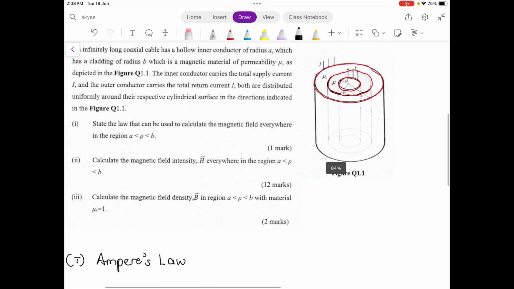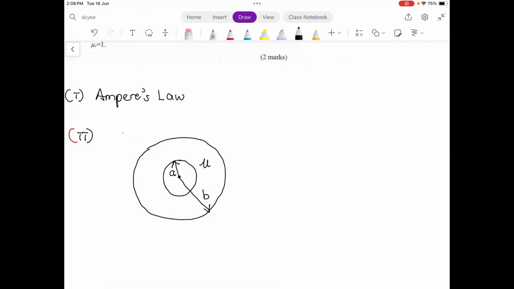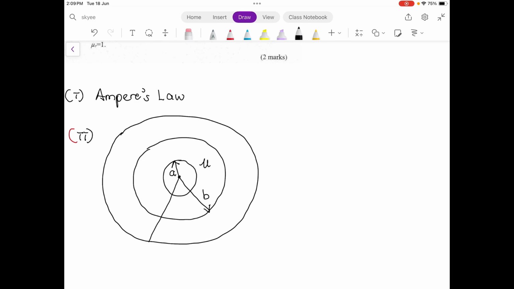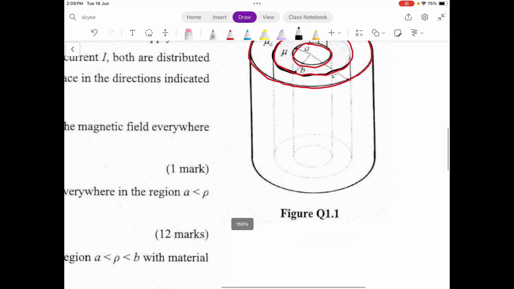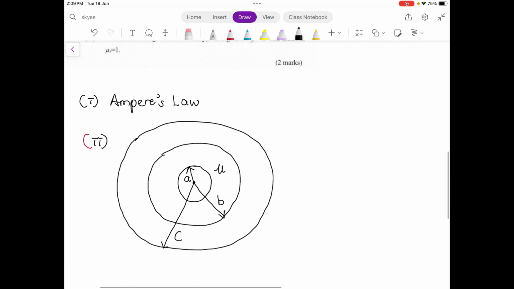Outside we have another circle that has the radius of C, and mu naught is over here.